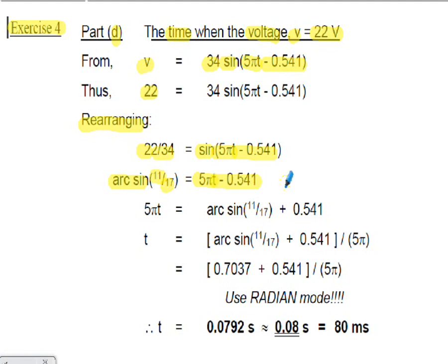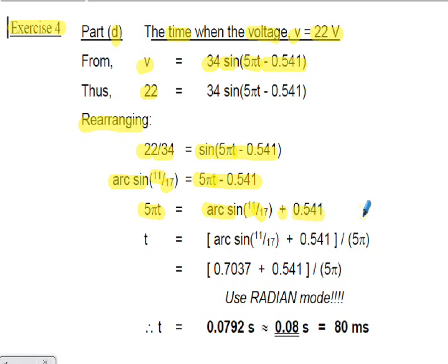The sine function is gone because we've applied the inverse sine function to it. Next I add 0.541 to both sides, and turn the equation around: 5 pi t equals sine to the minus 1 of 11 divided by 17, plus 0.541.